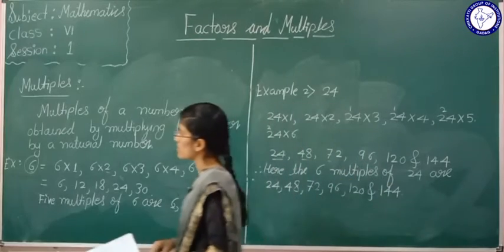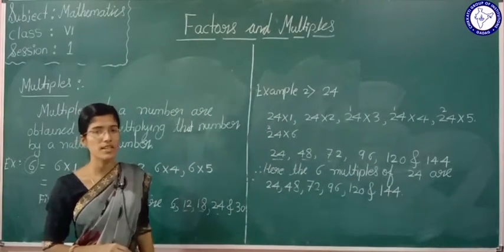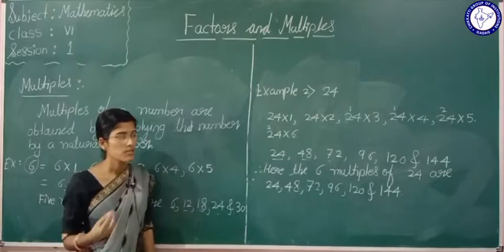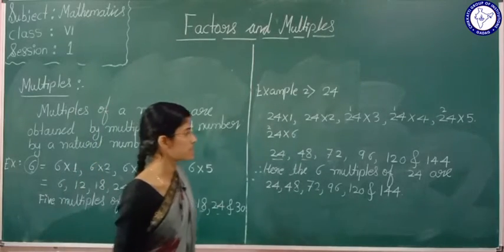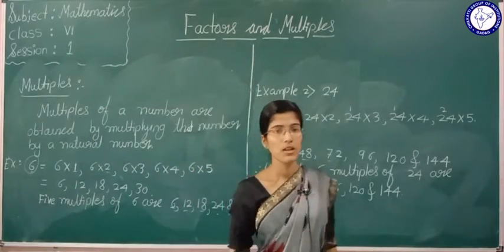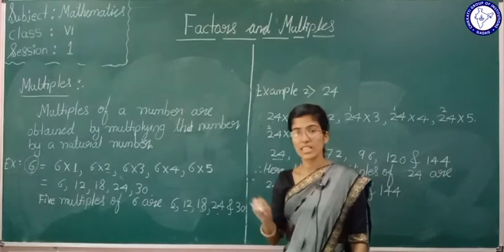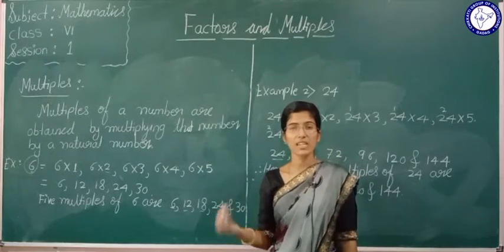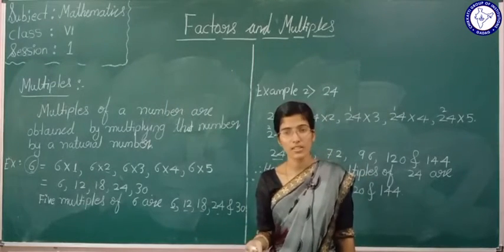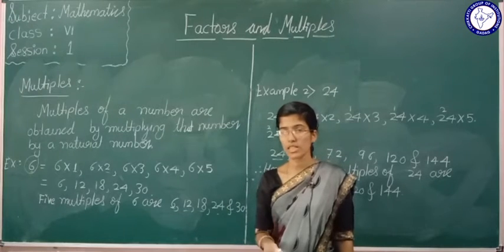Now we come to know what factors and multiples are. So what are factors? Revise it. Factors means the numbers which exactly divide the given number, then those numbers are called factors of that number. Once more I will tell here.